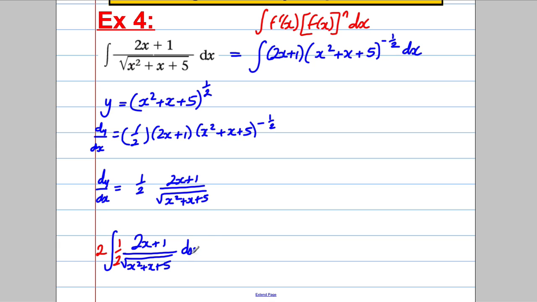So I'd have a 2 multiplied by x squared add x add 5 to the power of a half, plus your constant. Obviously you can check you're right by differentiating this thing here and getting this as your answer.